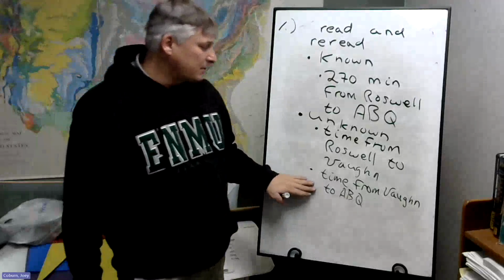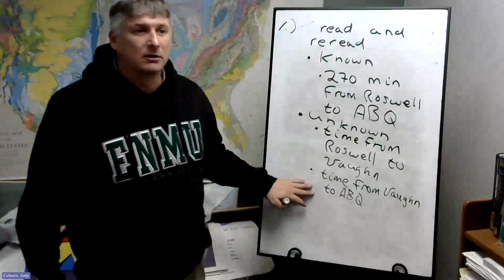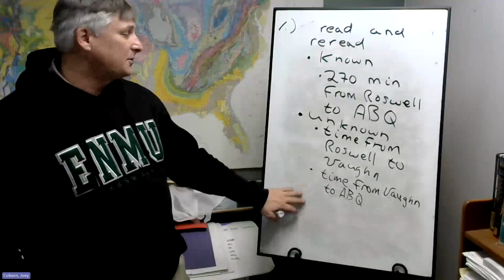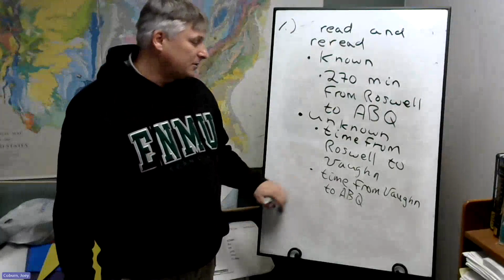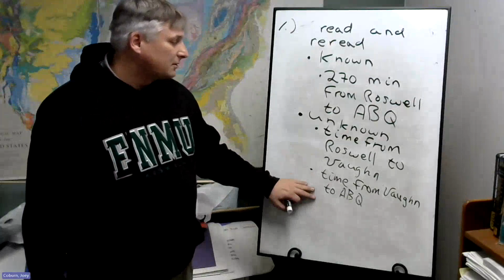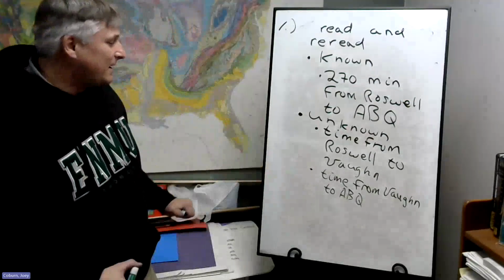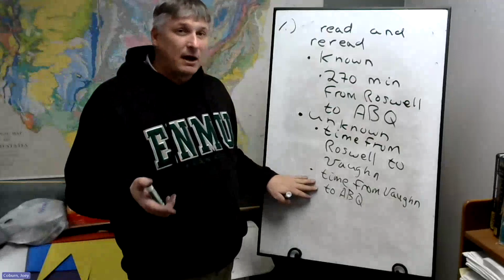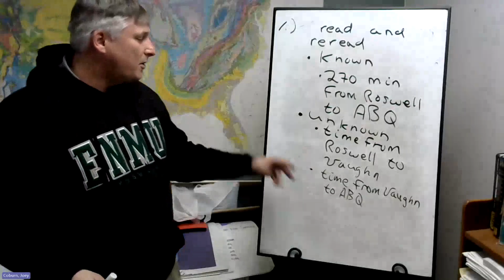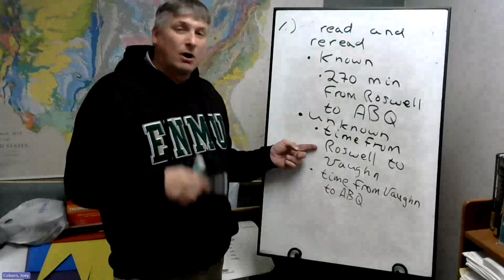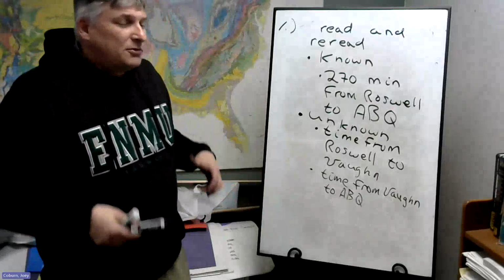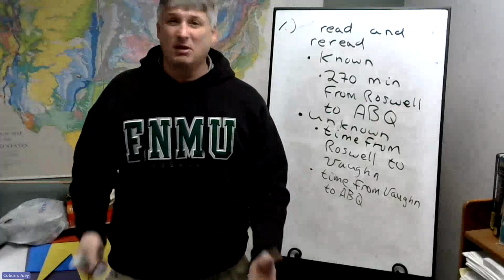We don't know the time from Vaughan to Albuquerque, but we do know it's twice the time from Roswell to Vaughan. So this brings up the idea of a fundamental unknown.